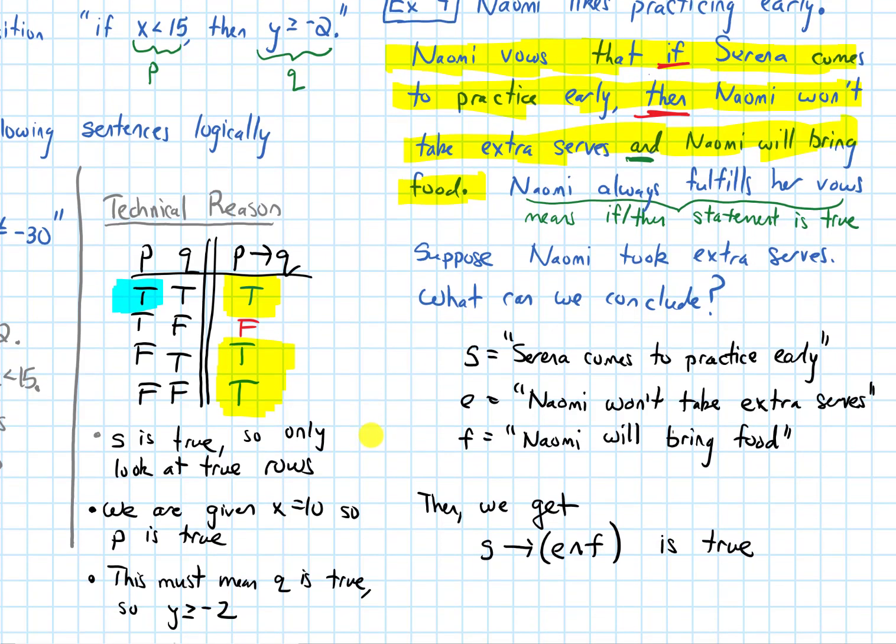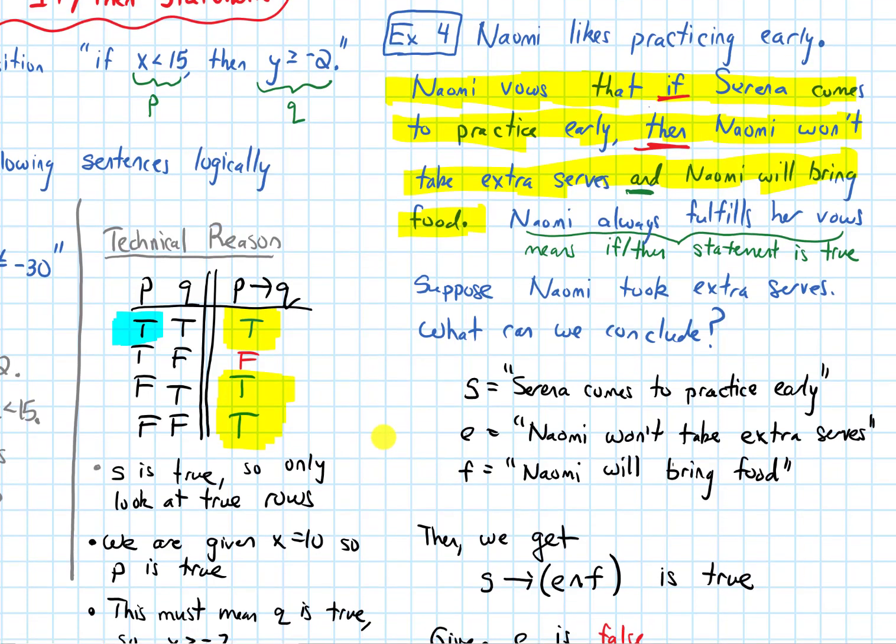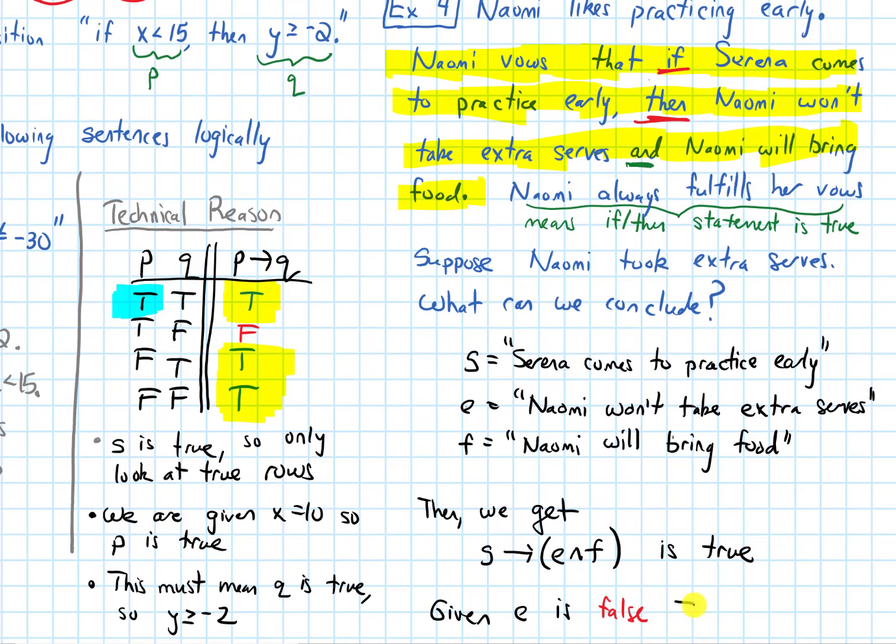And then the next sentence after that says, suppose Naomi took extra serves. So we are given that E is false because Naomi took extra serves. And because E is false, when I look at the and statement, E and F, if either one of those things is false, the whole and statement is false.